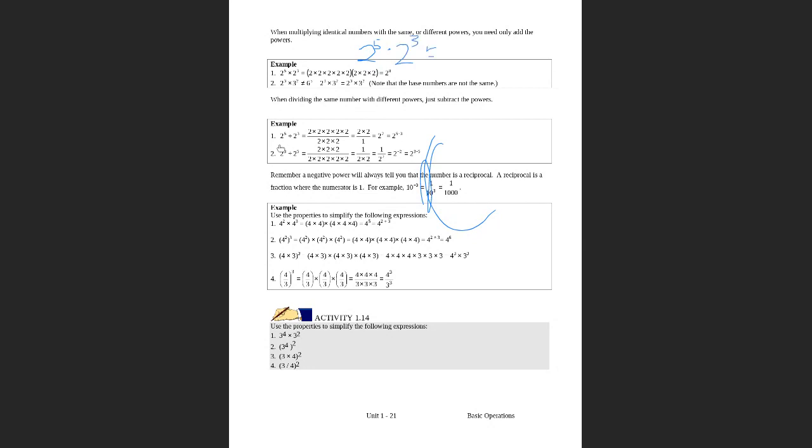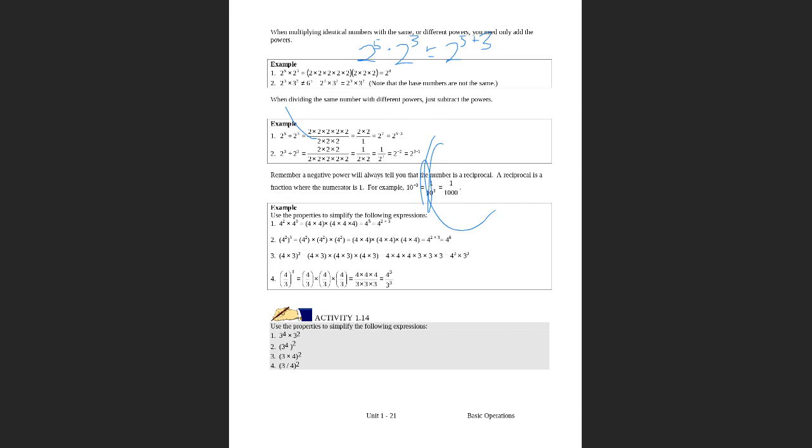You are going to get 2 exponent 5 plus 3. So here too, you use a lot of indices.